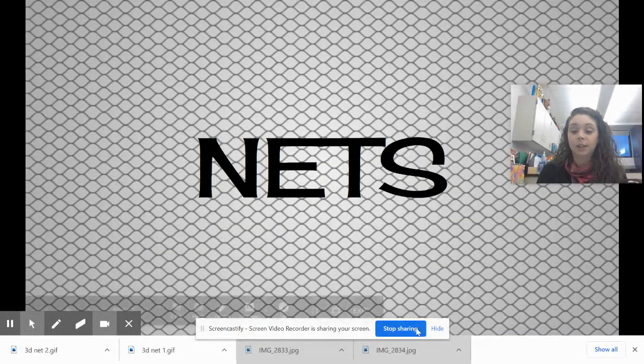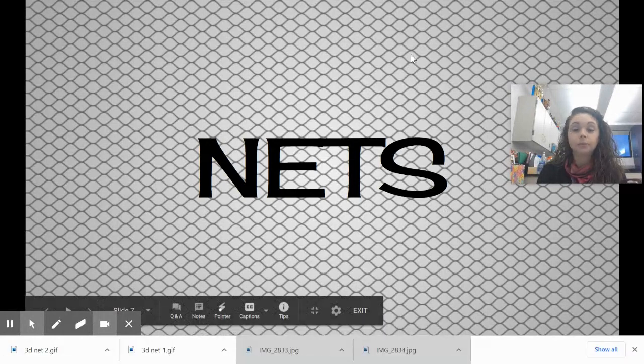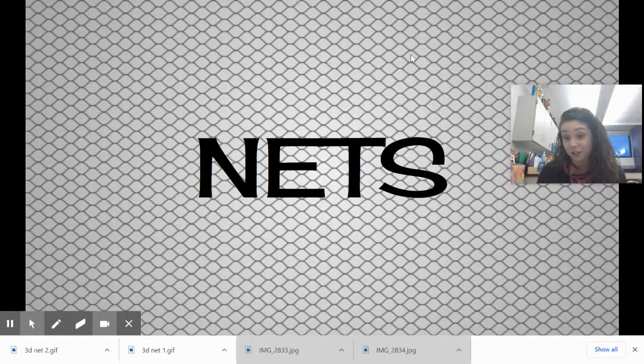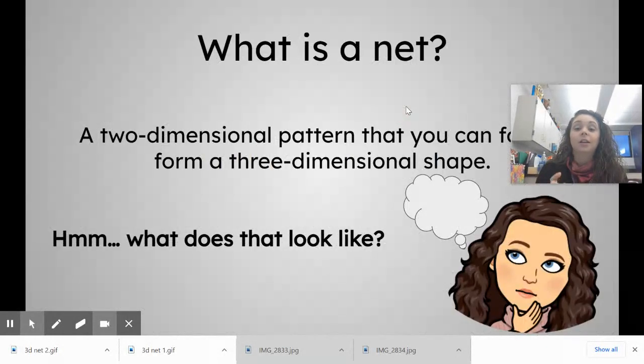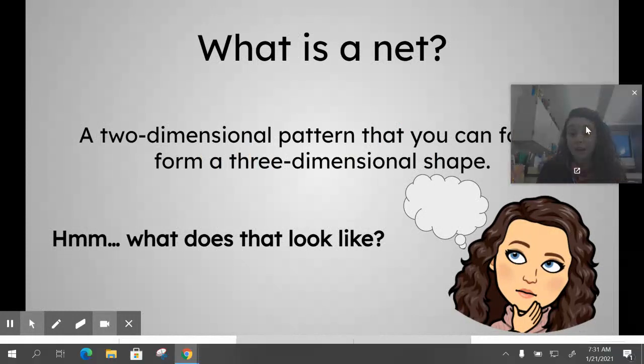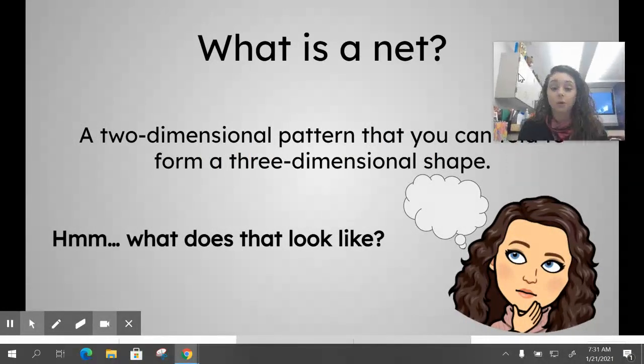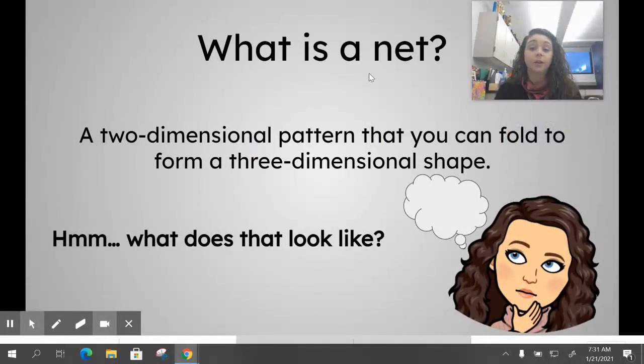So let's move into nets. And by nets, I don't mean a fishing net or a butterfly net. I don't mean any kind of net other than a two-dimensional pattern that you can fold to form a 3D shape.